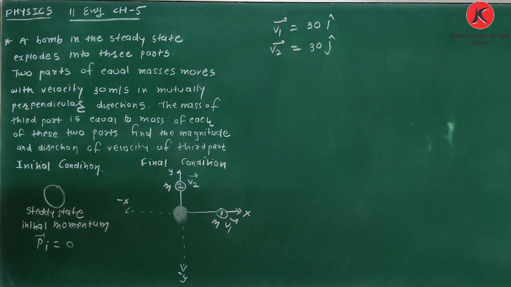So two parts of equal masses move with velocity 30 meters per second in mutually perpendicular directions. The mass of the third particle is equal to the mass of each of these two particles.